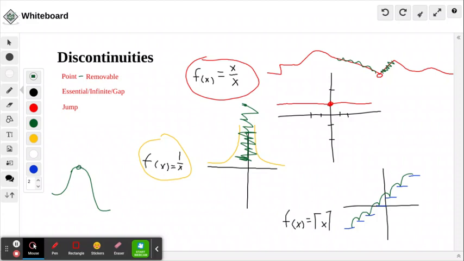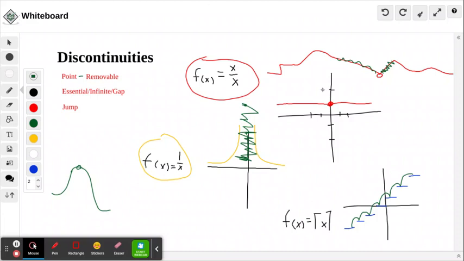And the reason they're called removable is because you can do algebra, and the result that you can achieve by doing that algebra will be a function with all of the same limits, no matter what point, but without the discontinuities.